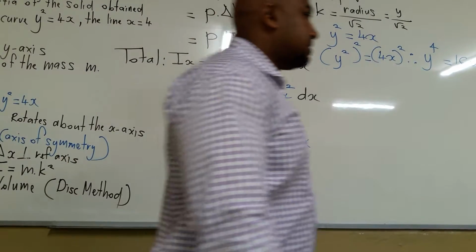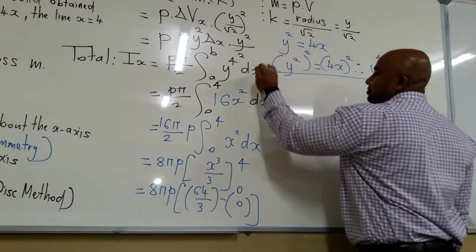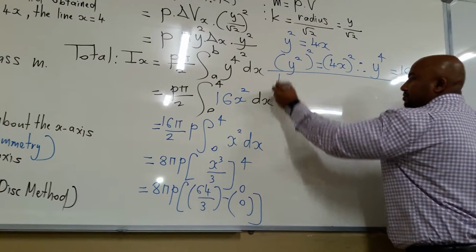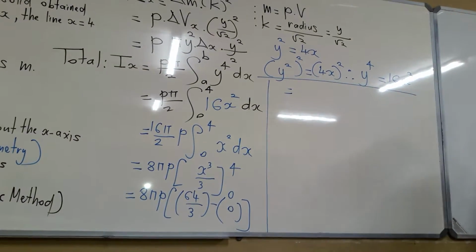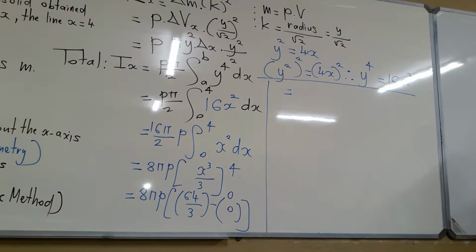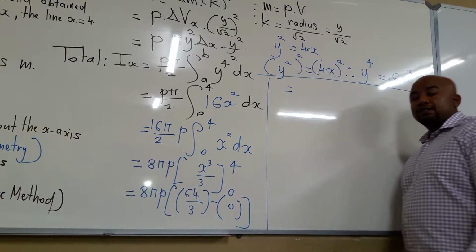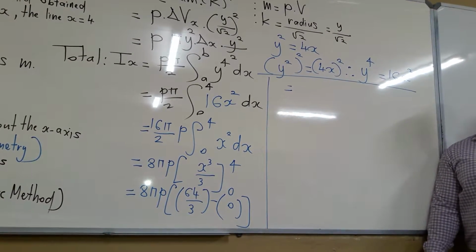So now you multiply. Let's see what we get. 8 pi times 64, all divided by 3.